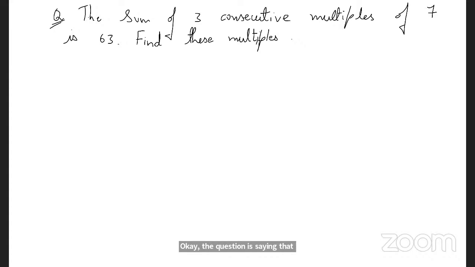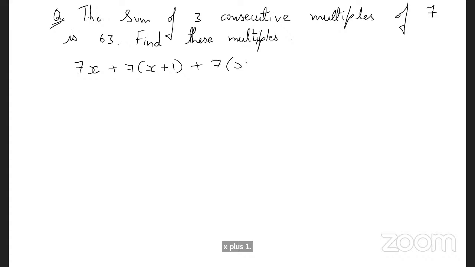So 7x, it's in sum, so we'll do plus 7 times x plus 1, plus 7 times x plus 2.